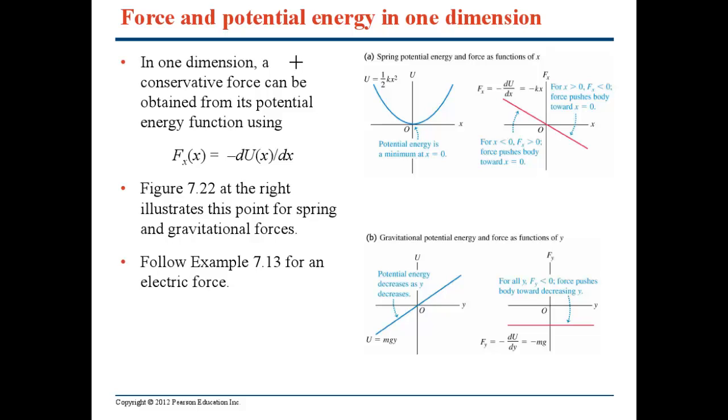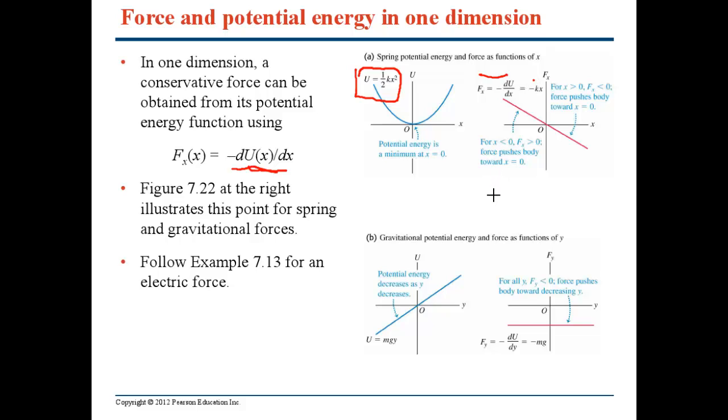Now here's a little bit of calculus just to wake you up. We can write the force as the negative derivative of the potential energy function. For example, if we write the potential energy of a spring to be 1/2 kx squared, and we take the derivative with respect to x, you see that we're going to end up with negative kx.